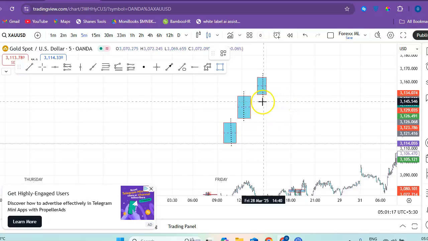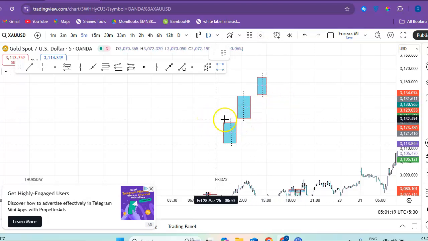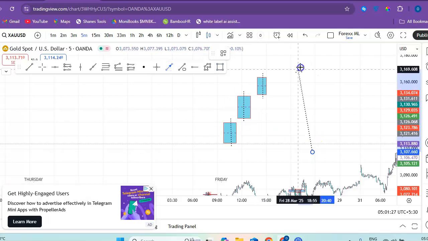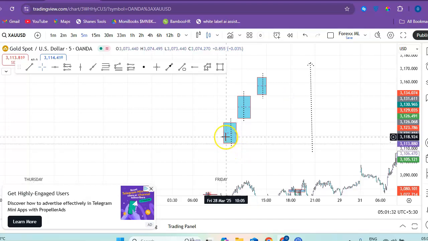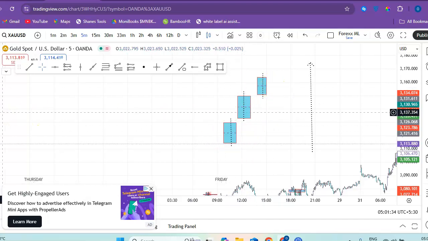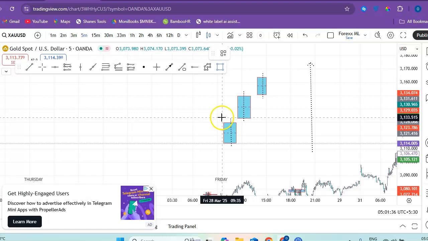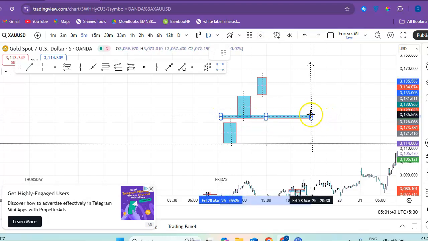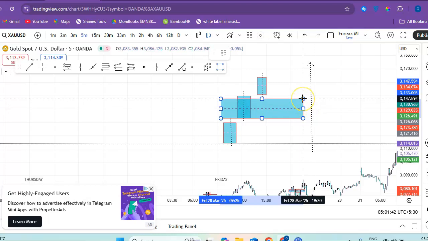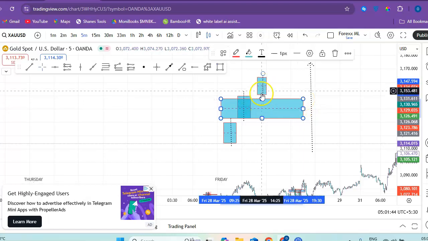So you first go to the tip of the wick of the first candle. This is the example where the market direction is upward. This is the first candle, second candle, third candle. You have to mark the tip of the wick of the first candle and drag it up to the tip of the wick of the third candle.